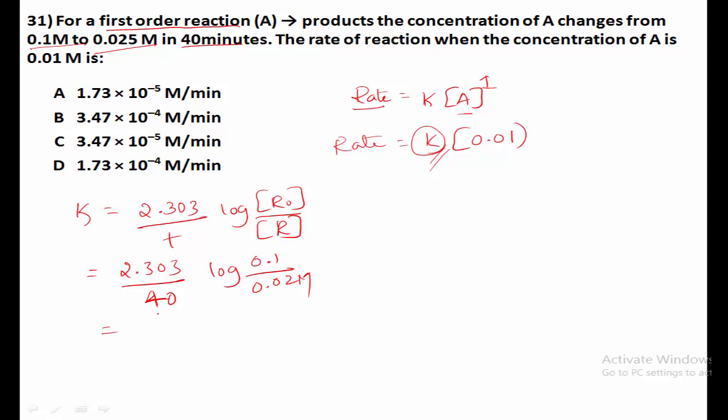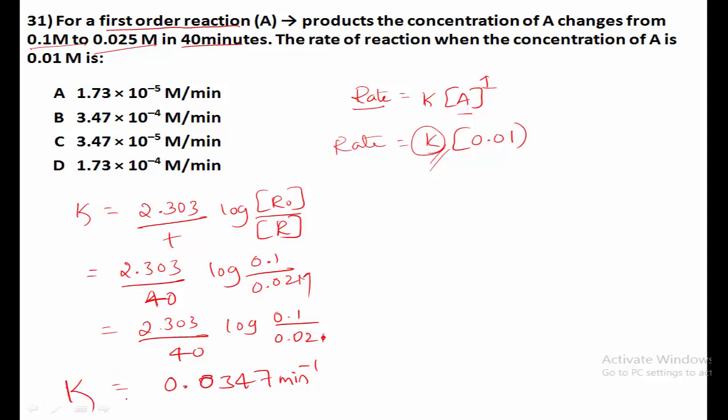So 2.303 divided by 40 log of 0.1 divided by 0.025. After simplifying this, you will get 0.0347 per minute. This is the value of K.